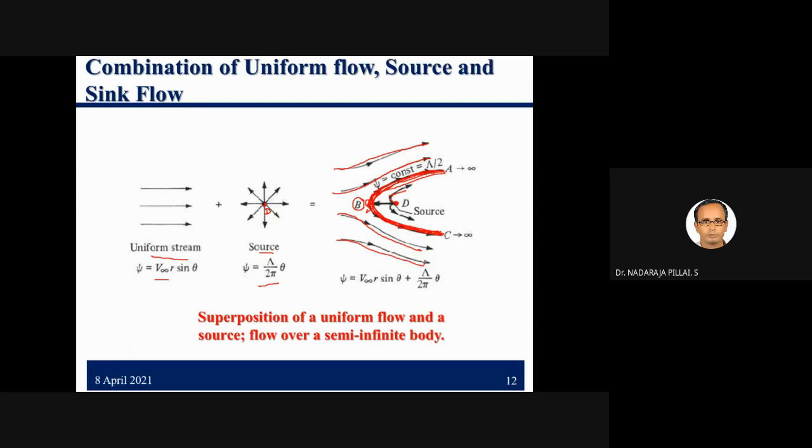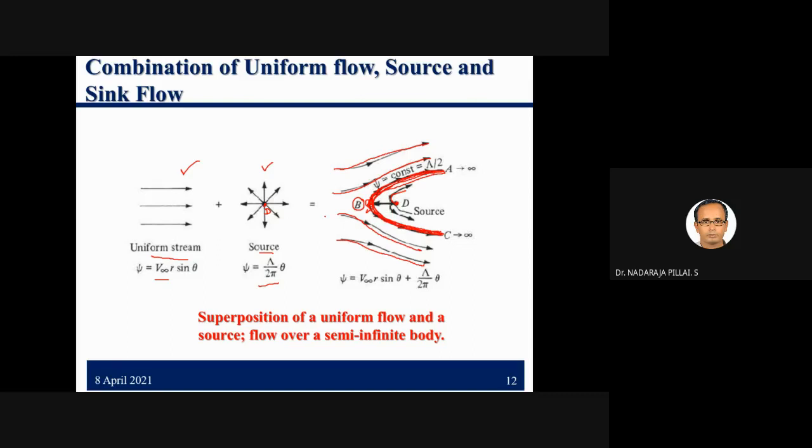That is the beauty of theoretical aerodynamics, right? So if I want to calculate the characteristics of a body of such shape, theoretically I can use uniform flow and a source flow and create this particular body, right?